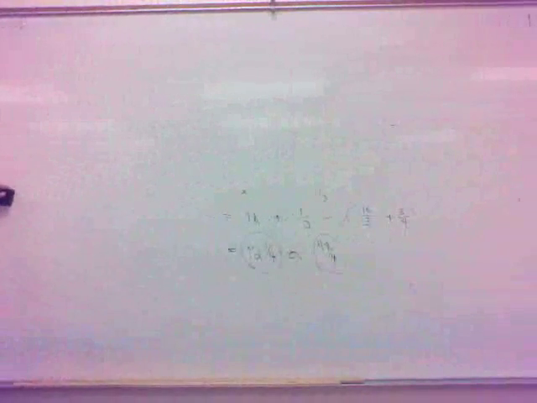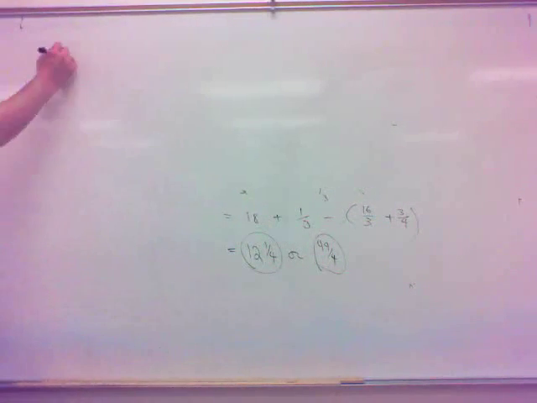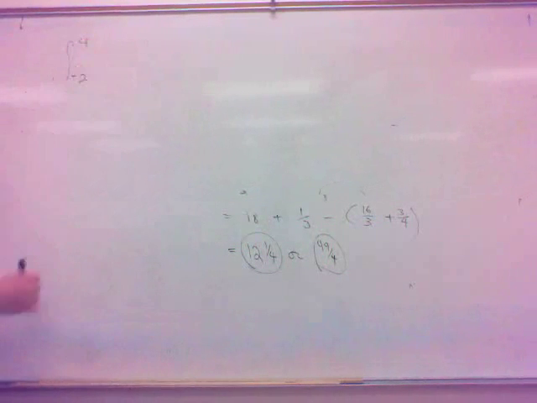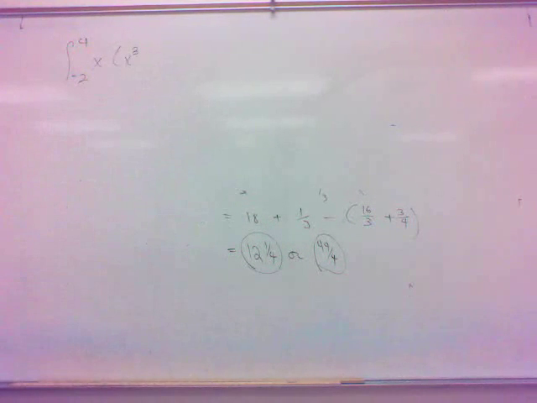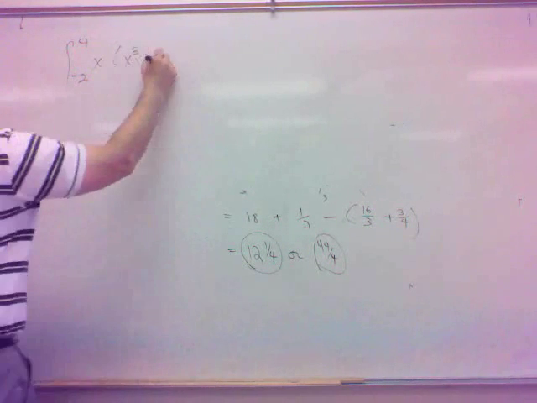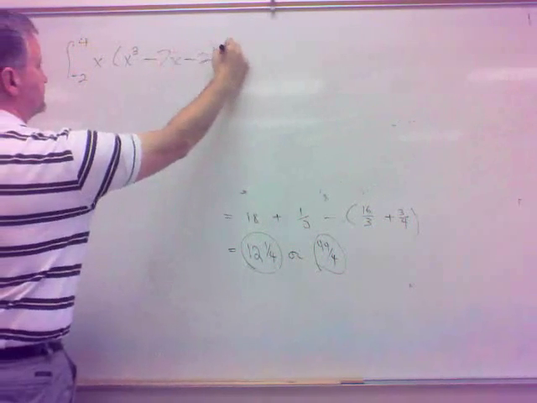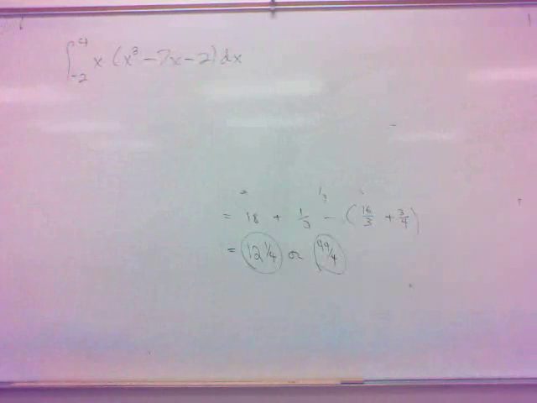Okay, second one here, integral from -2 to 4 of x times x squared minus 7x minus 2 dx. X cubed, I'm sorry. Did I say x squared? I meant x cubed.